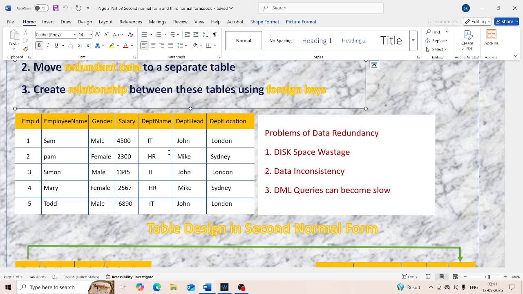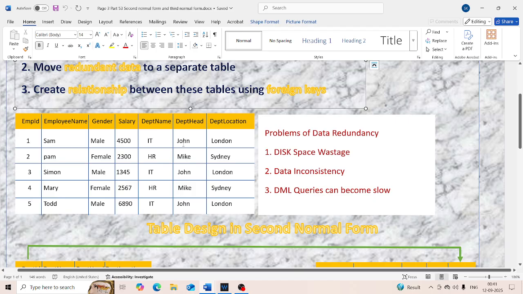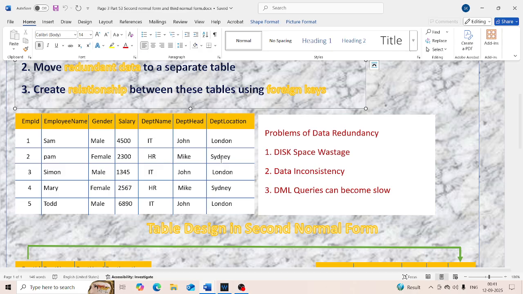Even if I have 200,000 employees in my organization, IT department head is going to be John and its location is going to be London. And similarly, HR department head is going to be Mike and the location is going to be Sydney. They are not changing on a per employee basis.